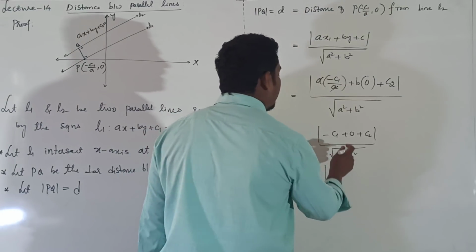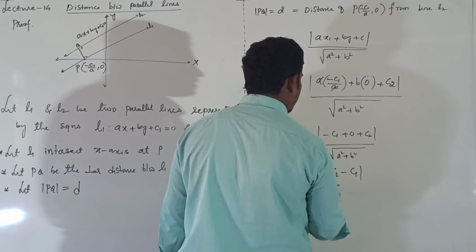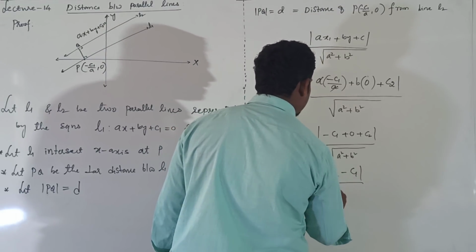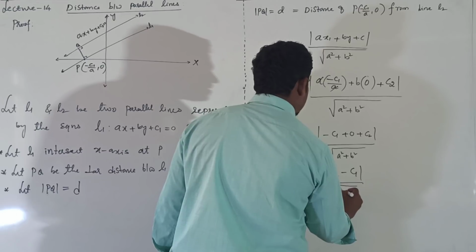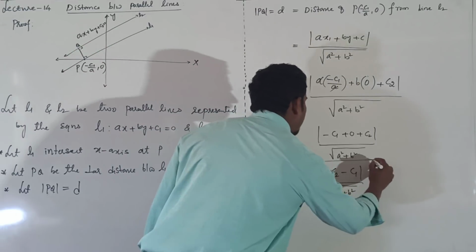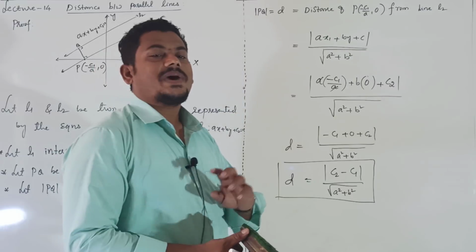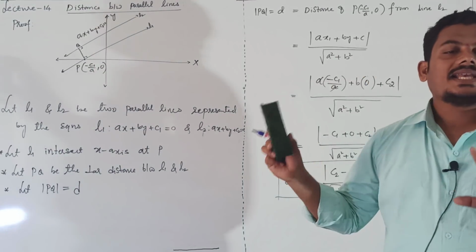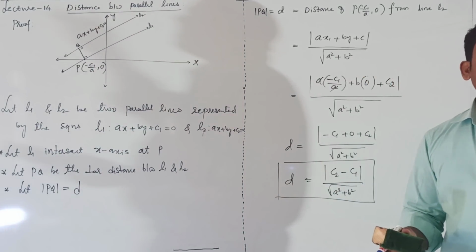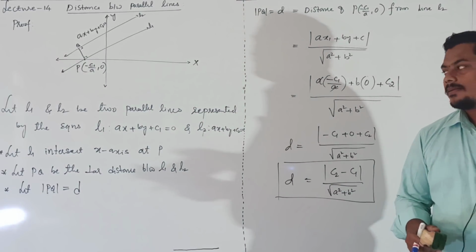After that I will write minus c1 plus c2 as c2 minus c1, whole thing divided by square root of a square plus b square. This is the distance between two parallel lines, right? The formula is d is equal to modulus of c2 minus c1 divided by square root of a square plus b square.